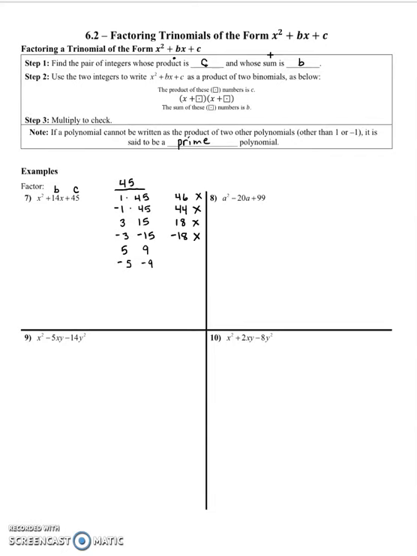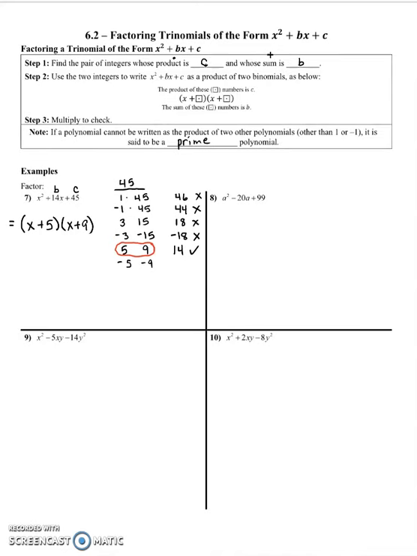That's not it. 5 plus 9 is 14. So the 5 plus the 9 is what we want. So what do we do with those? Well, we just write our binomial product. So we have x plus 5 times x plus 9.